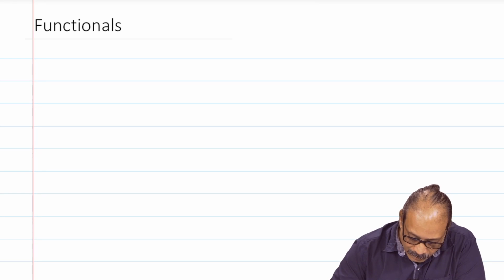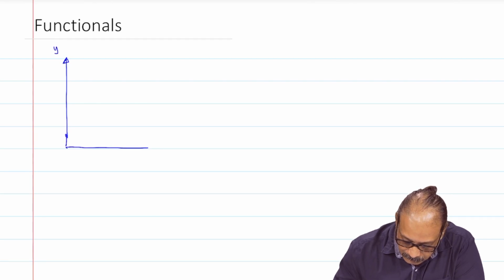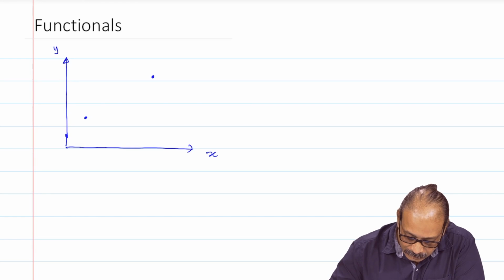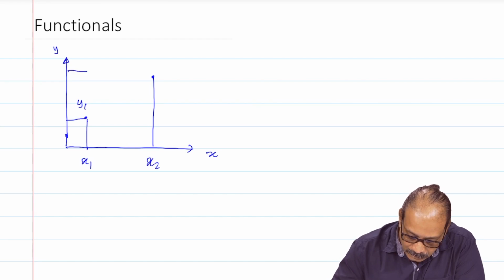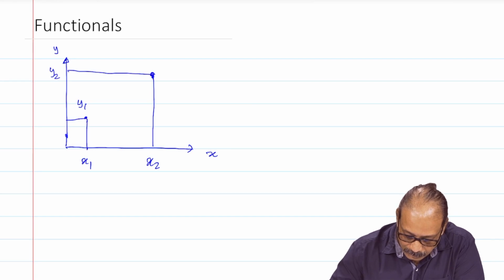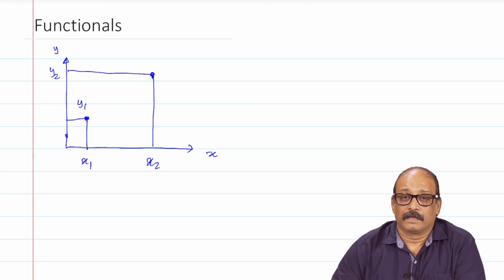So, if you have a space, and I will mark this as the y axis and this as the x axis, and you take these 2 points here, this one is y1 at x1, and this is y2. So, I draw this y2 at x2.